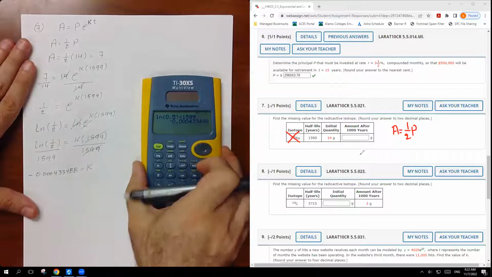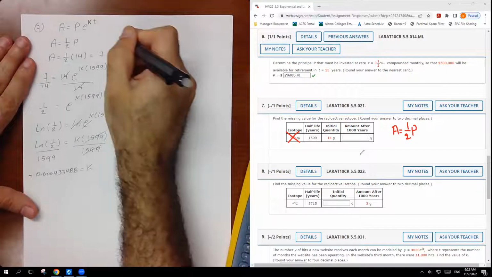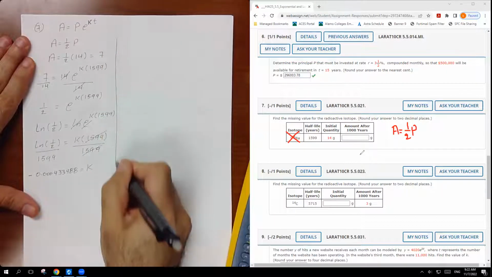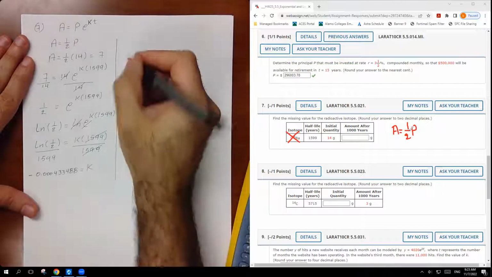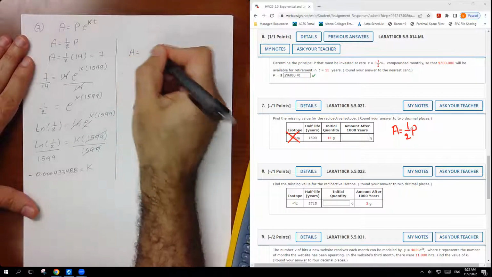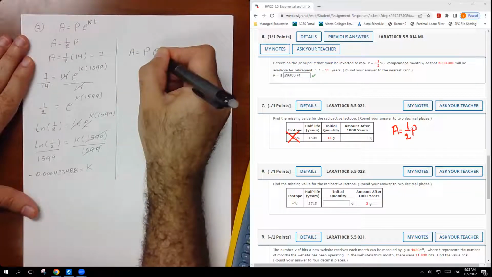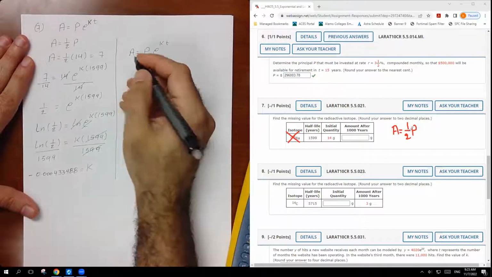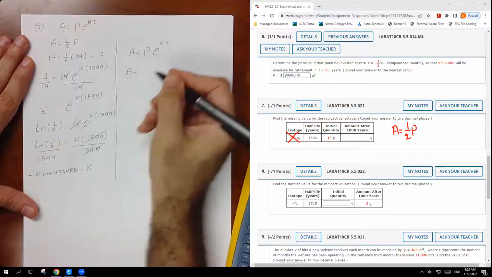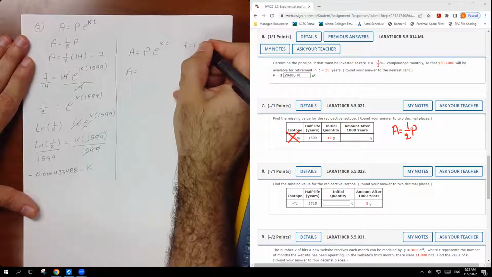Now we're going to use the same information to find the amount after 1,000 years. That means here is the amount, P E K T. The amount after 1,000 years, that means the time equals 1,000.